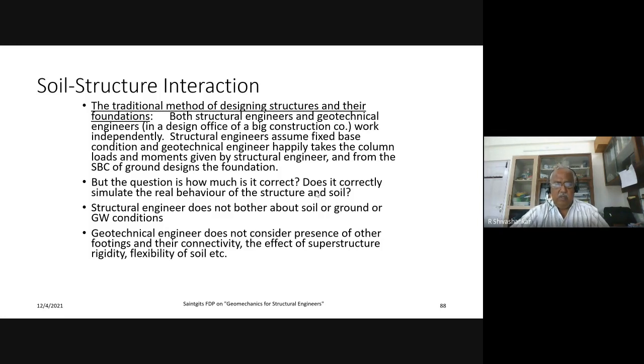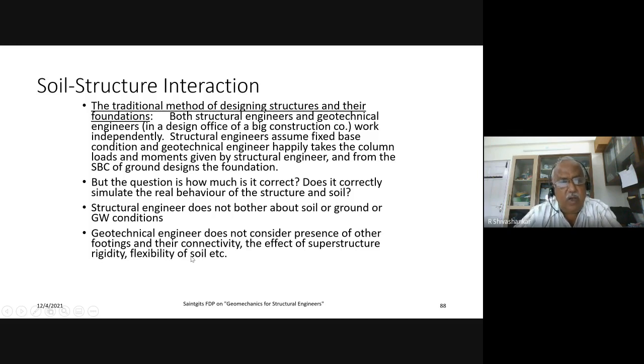So the structural engineer should consider the type of soil and presence of other footings, and even the geotechnical engineer should consider the superstructure rigidity. That is, if the columns and beams are very heavy, very large size, the structure will be very rigid and there will not be much differential settlement, right? So it also depends on the type of soil.